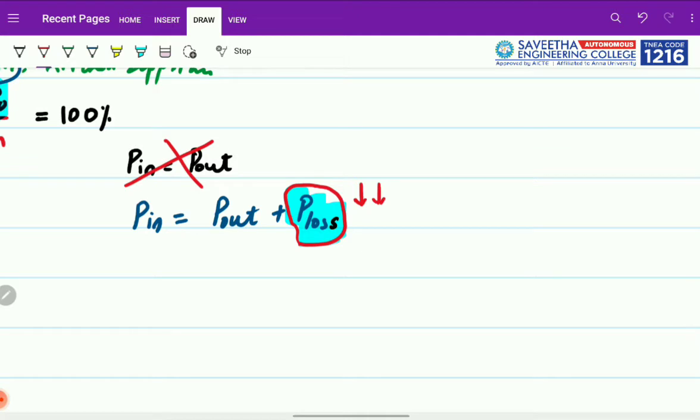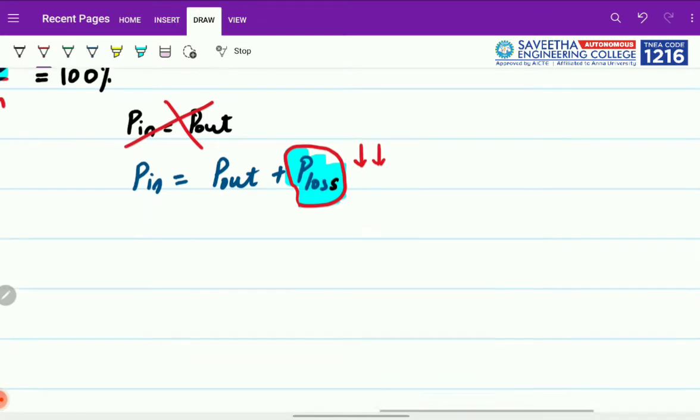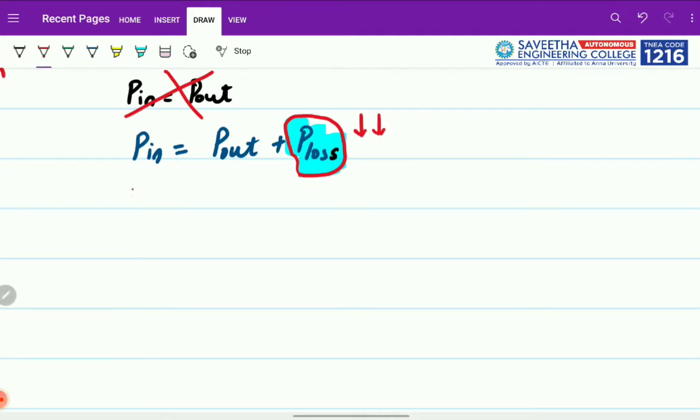When the losses become smaller, the output power will be more, at least close to the value of the input power. For example, if the input power is 100, the split could be 80 plus 20 or 20 plus 80. In the first case, the loss is 20 out of 100, but in the second case, the loss is 80.